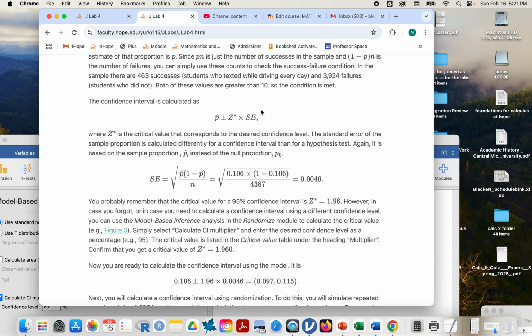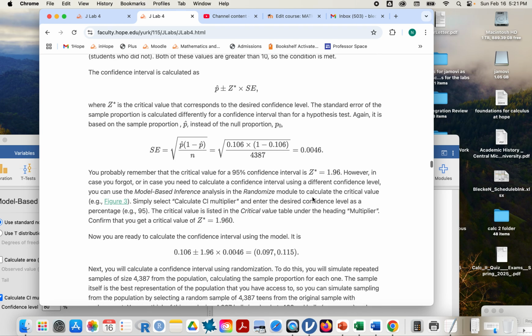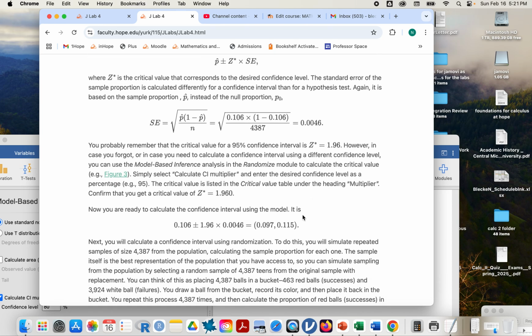Then we've got to get the standard error, and since we don't have P naught, we use P hat instead. So we put P hat times 1 minus P hat over n, and we end up getting this 0.0046. And so you can see our computation here. We get 0.097 and 0.115.